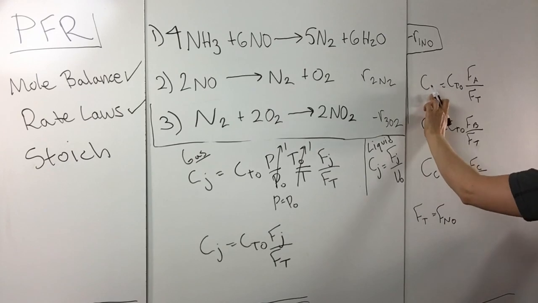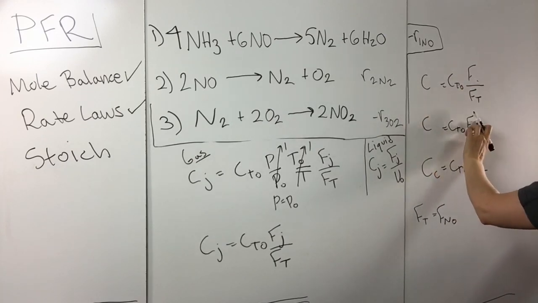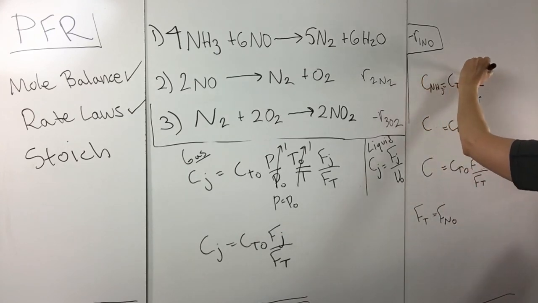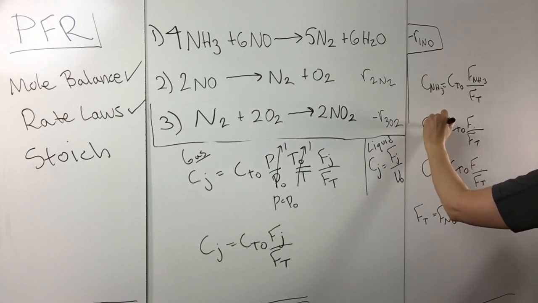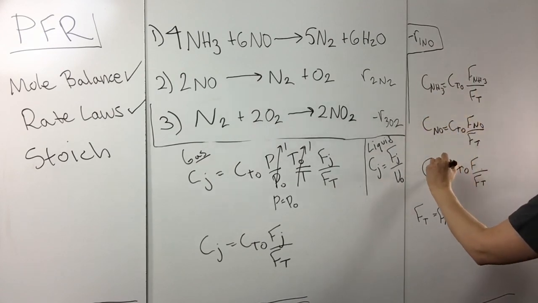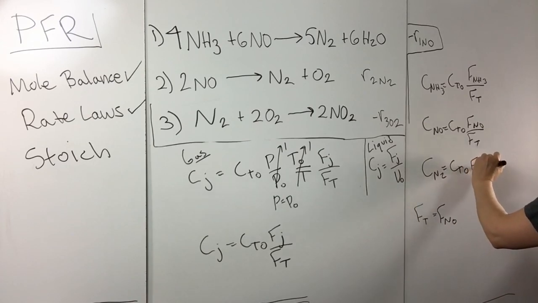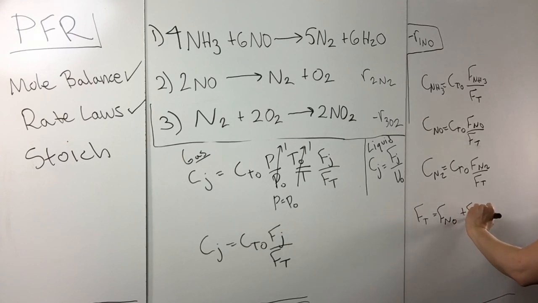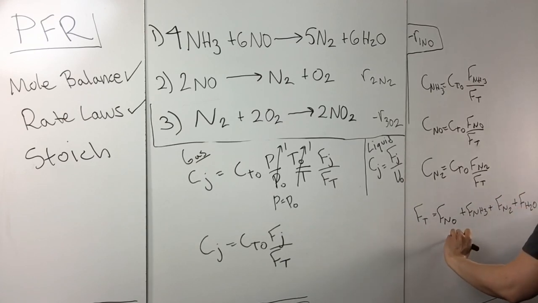Oh, and sorry, I kind of switched to A and B. I'm so used to working in A and B. These would be NH3, NO, N2, etc. So then for total, you have FNO plus FNH3 plus FN2 plus FH2O plus FO2 plus FNO2.